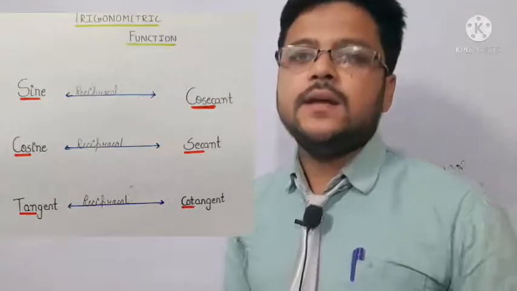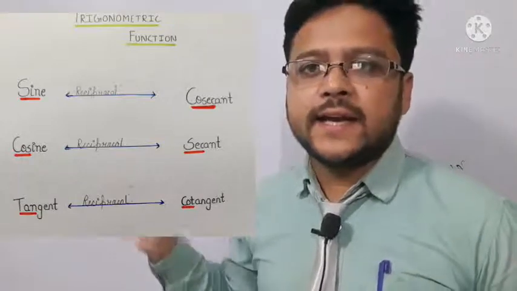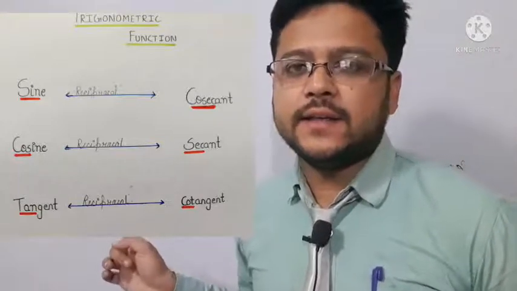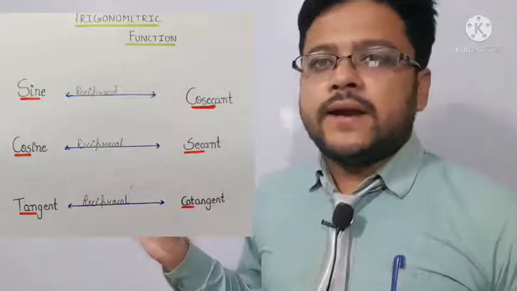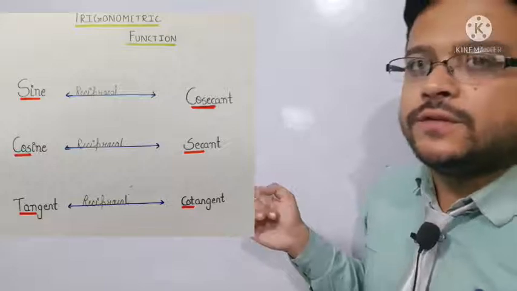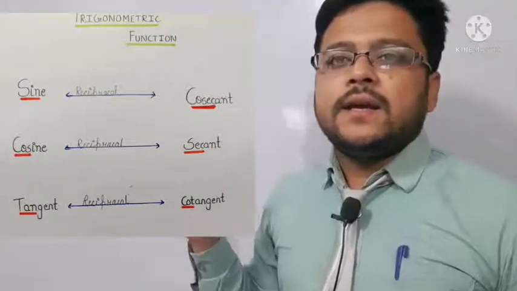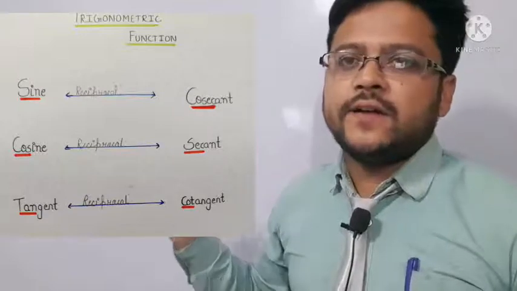I will introduce you to the trigonometric functions, which are six in number, namely sine, cosine, tangent, cosecant, secant and cotangent. The red line marks the abbreviations of these functions or ratios. We can say sine is the reciprocal of cosecant and vice versa.